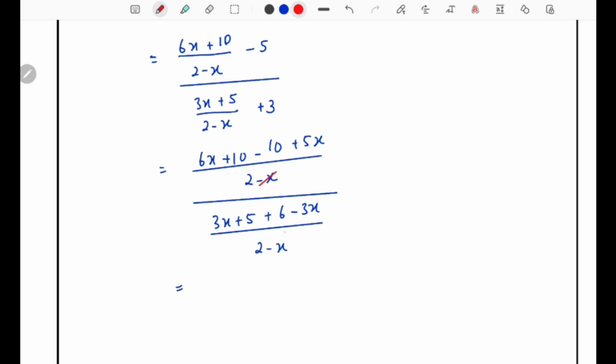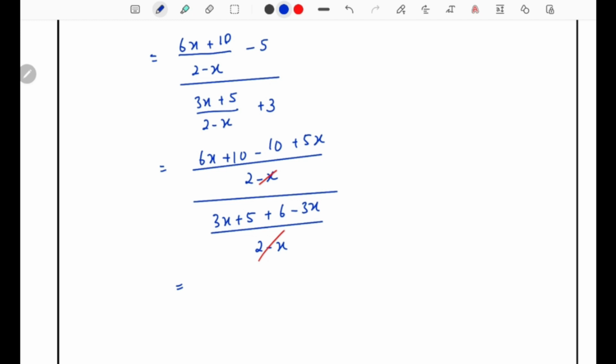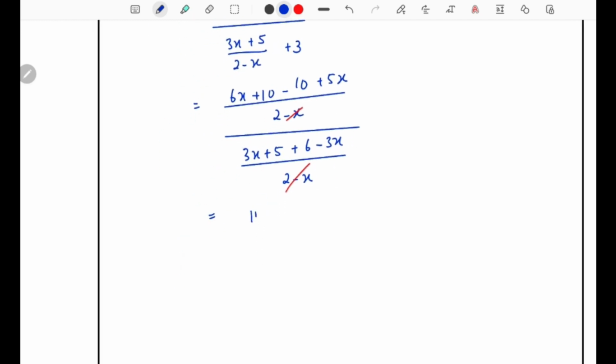And then this thing can be cancelled out. So we have 11x over 11, which is x.